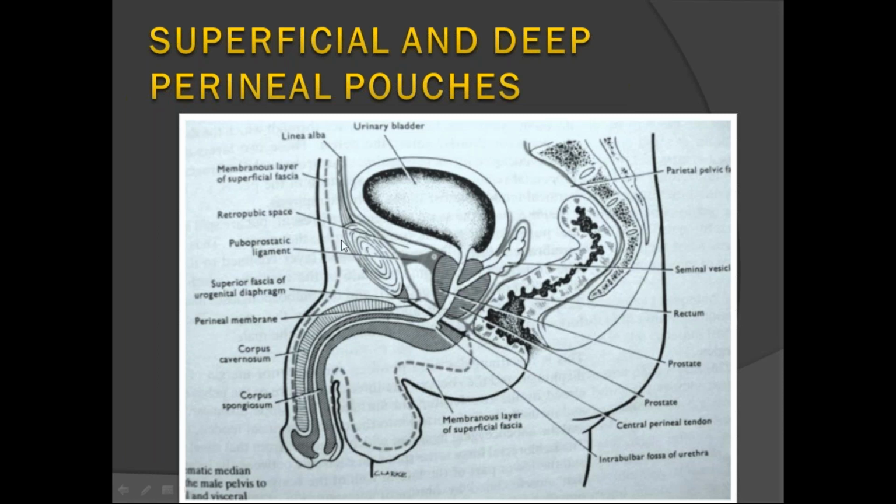Here identify this is the perineal membrane. Below the perineal membrane, this pouch is called the superficial perineal pouch. Above the perineal membrane, this pouch is called the deep perineal pouch.